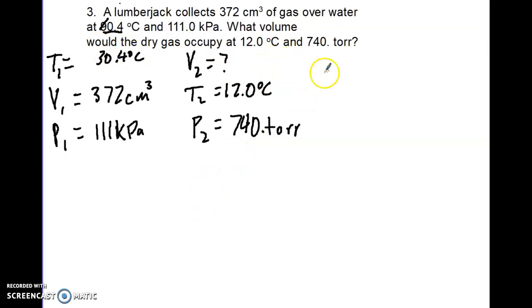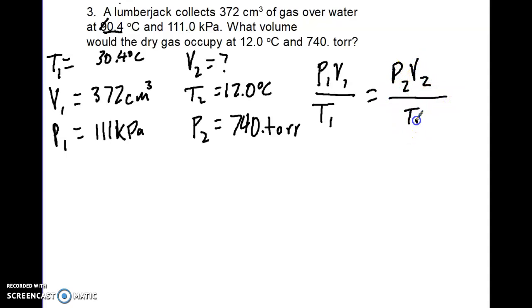So, of course, the equation is pressure 1 times volume 1 over temperature 1, and that would be equal to your second pressure times second volume over your second temperature.